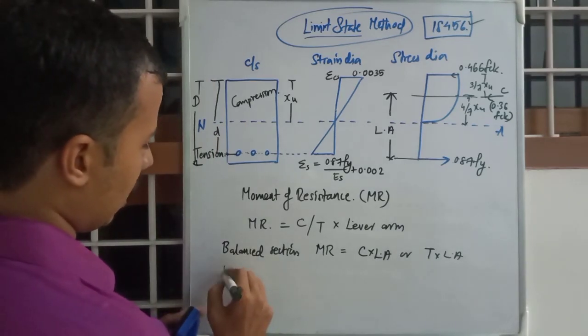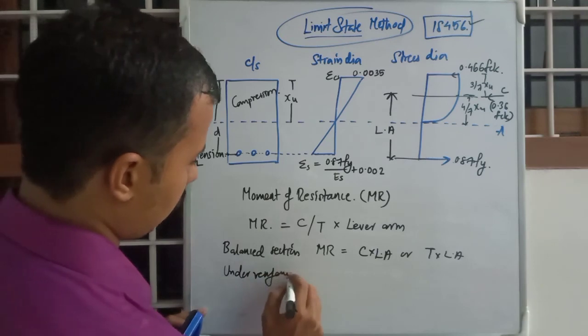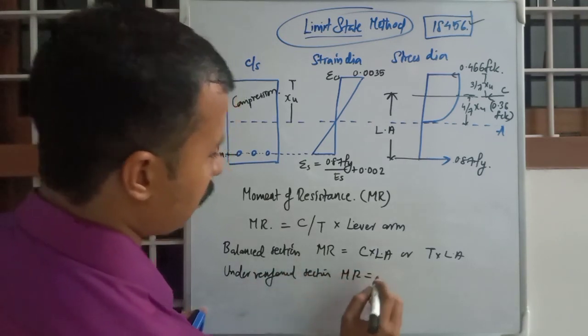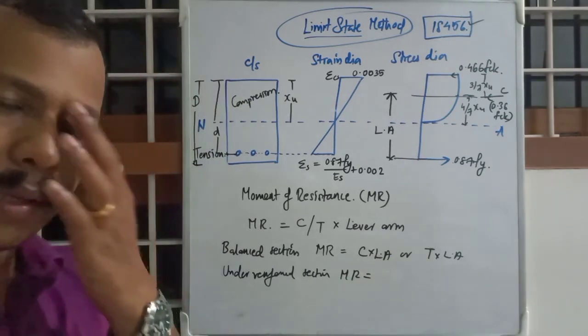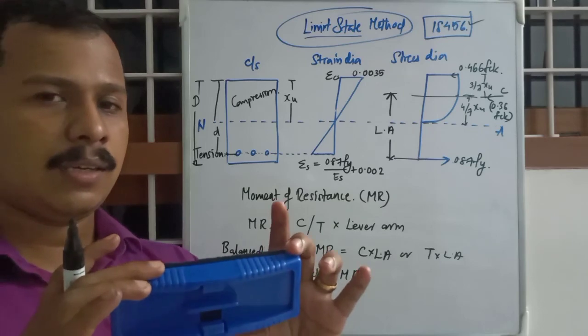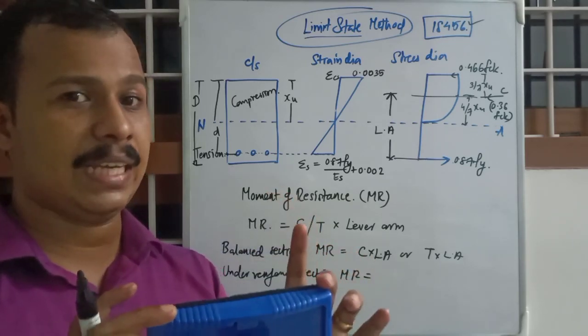In an under reinforced section, moment of resistance will be equal to T into lever arm, because the limit state will be attained first by steel.